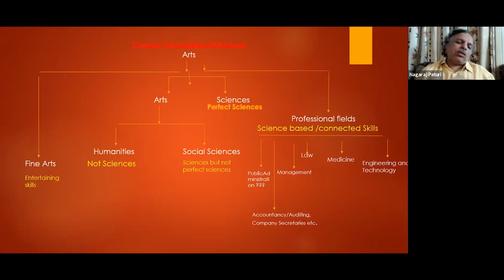And what are these humanities? If you go to your university, what you see under humanities is a department of English literature, a department of Tamil literature, a department of Sanskrit literature.